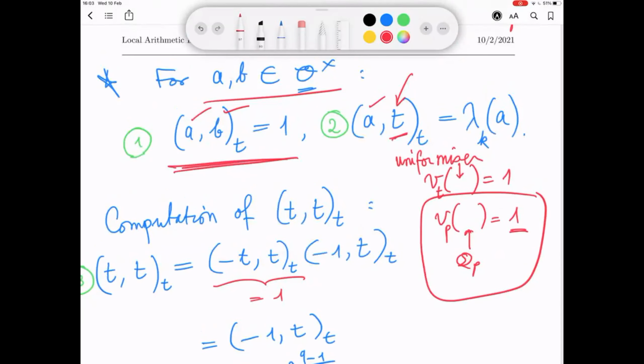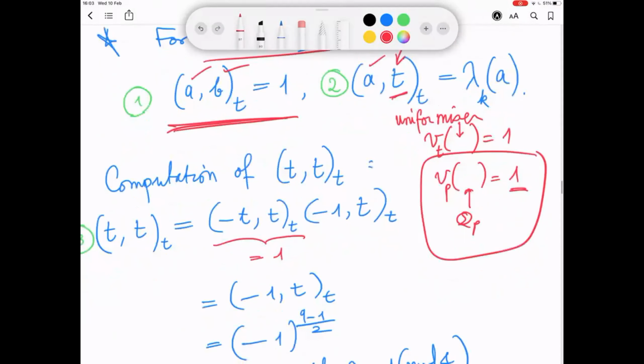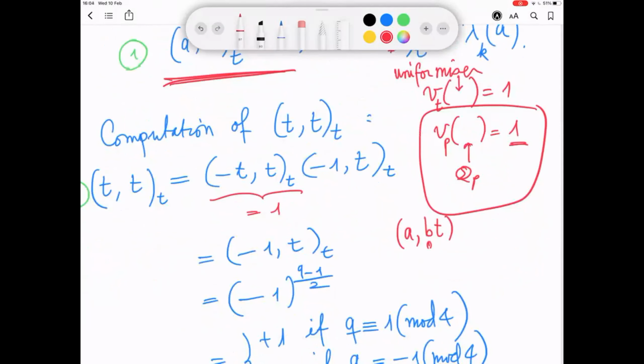And for a unit, it doesn't make any difference, you just expand it out. So what I'm saying is that if I had some B times T, where B is another unit, that's going to be (A, B)_T times (A, T)_T, and the first is equal to 1. So this and this are really the same.